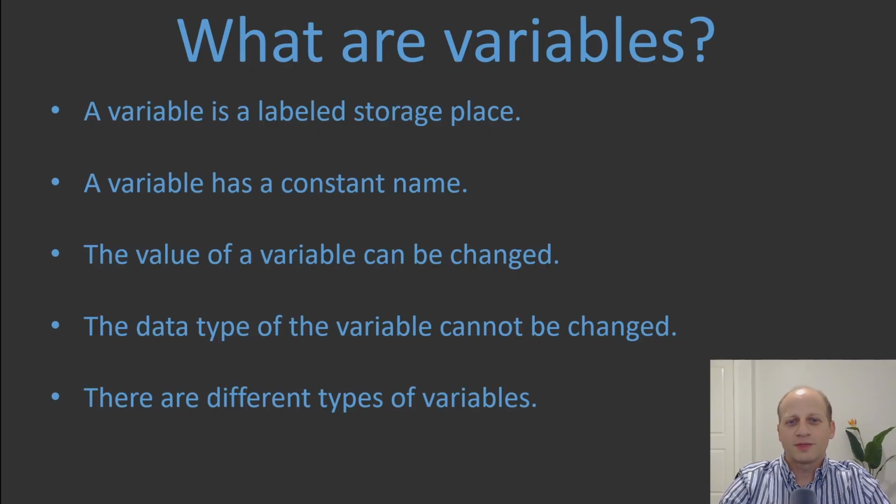The data type is the kind of data that can be stored in the variable. There are different data types like integer numbers, floating point numbers, characters, and more. But what's important is that the data type, just like the variable name, cannot be changed. If a variable was declared to store numbers, it can store only numbers.